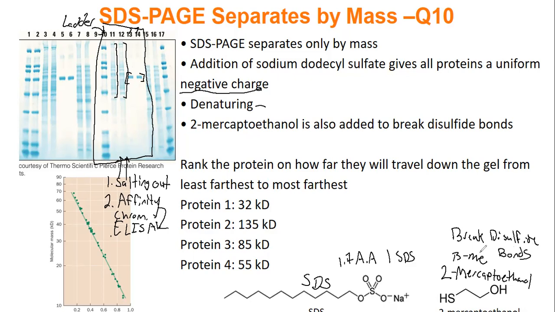Who wants to remind us what amino acid forms disulfide bonds again? I believe we talked about that on Monday. What amino acid breaks disulfide bonds? Or sorry, what amino acid forms disulfide bonds rather?